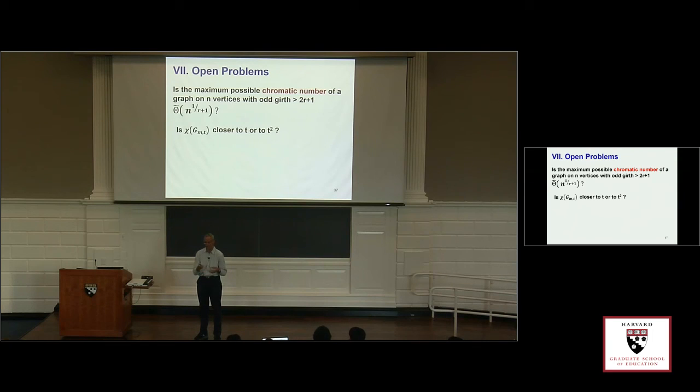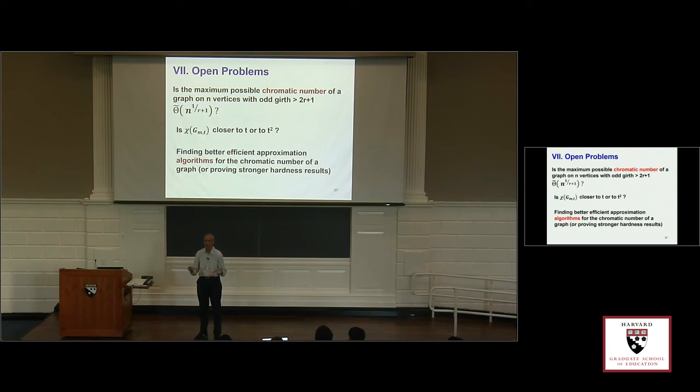And of course, a problem that I started with: it would be nice to find a better efficient polynomial time approximation algorithm for the chromatic number of a graph, or to prove some stronger hardness results.